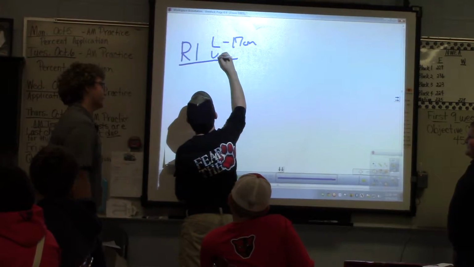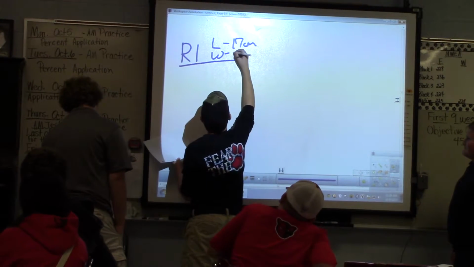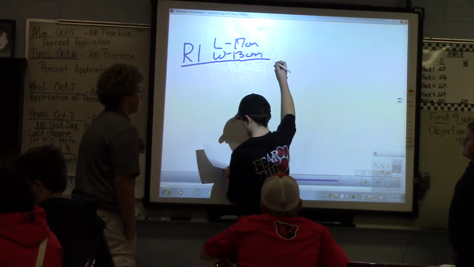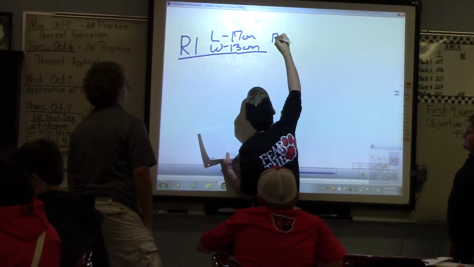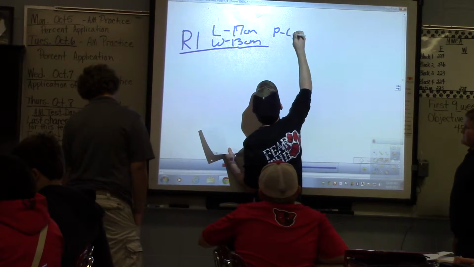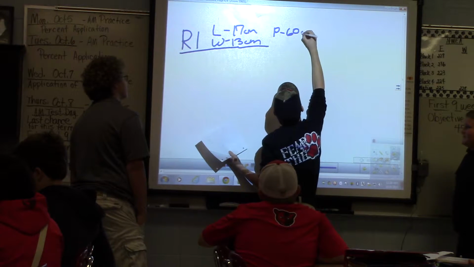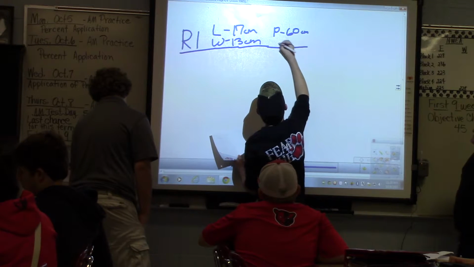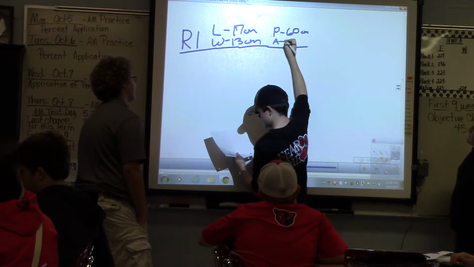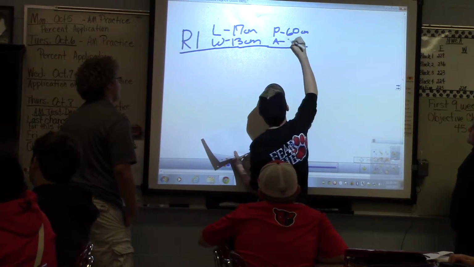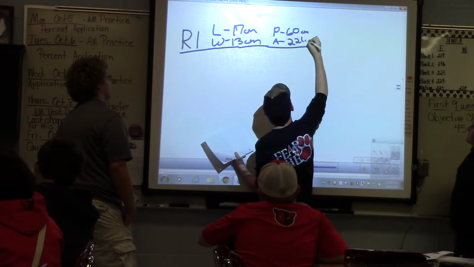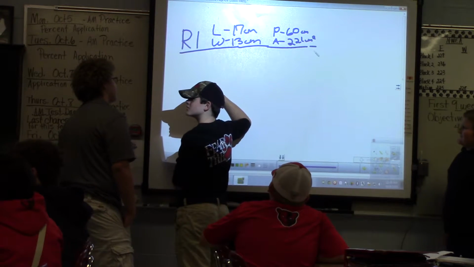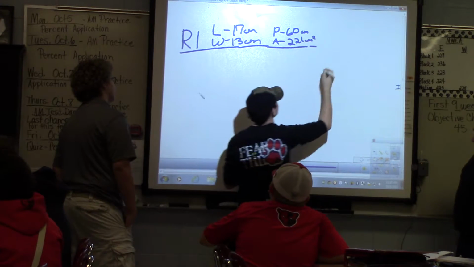And then the width was 13 centimeters. The perimeter was 60 centimeters. And the area was 221 centimeters squared, sorry.